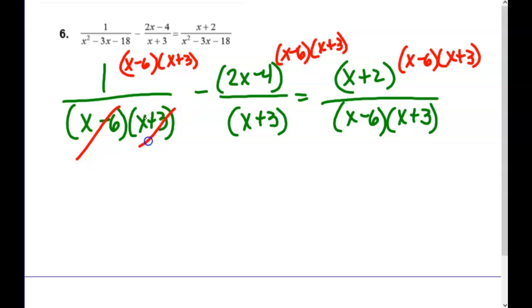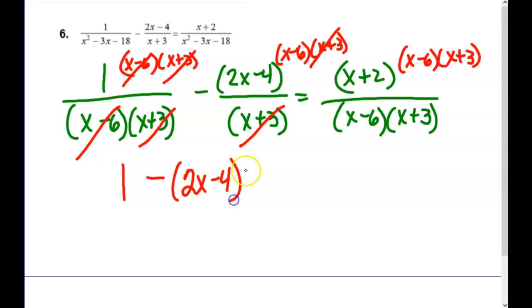So over here, all of this will divide out, and I'm left with what? The 1, okay? Here the x plus 3 will divide out. Oh, I'm left with a 2x minus 4 times an x minus 6 and a negative that I've got to distribute at some point. That's what would kill me if I was doing this on a test.